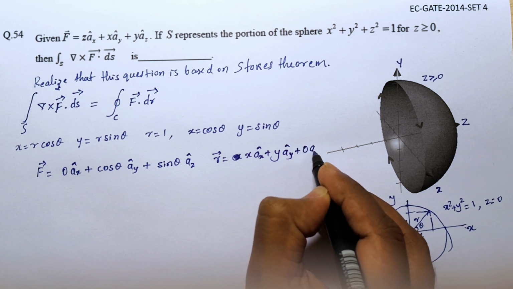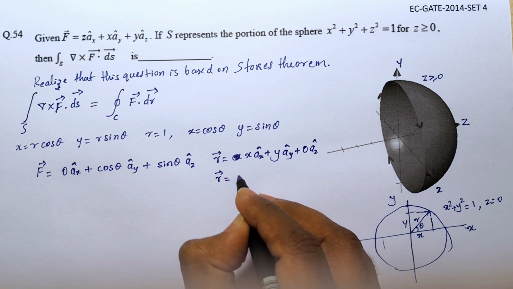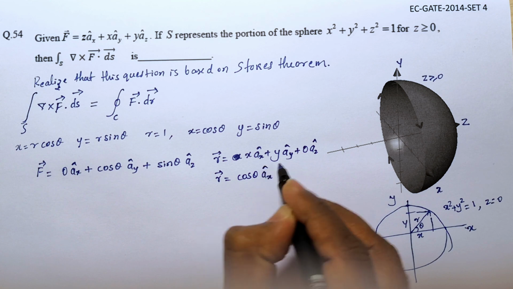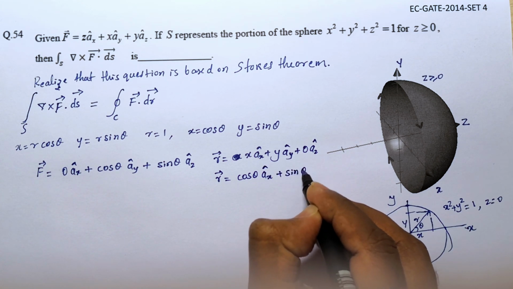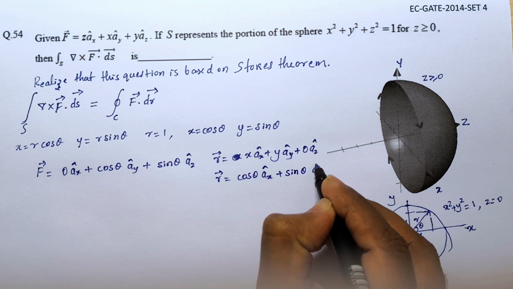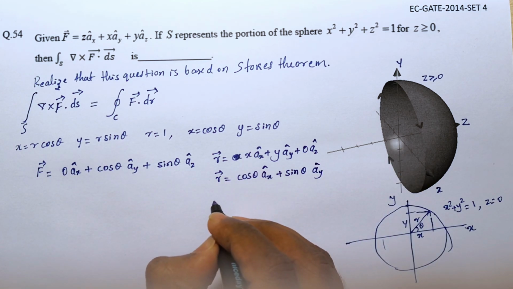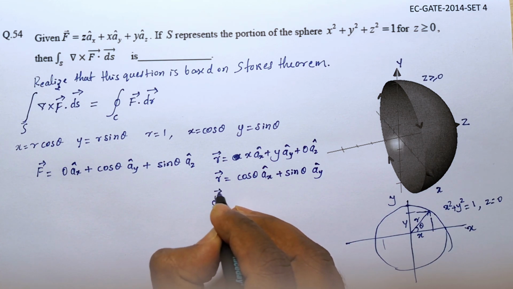So r can be written as cos theta a_x plus sin theta a_y. Now let us find the differentiation, the dr vector.